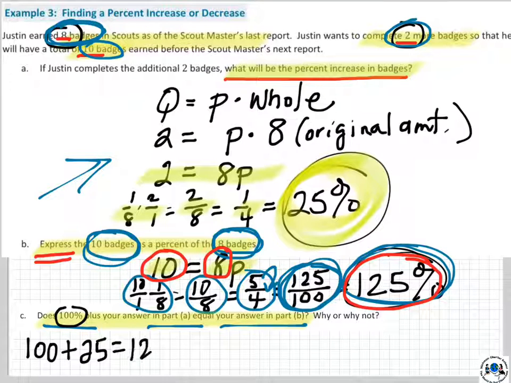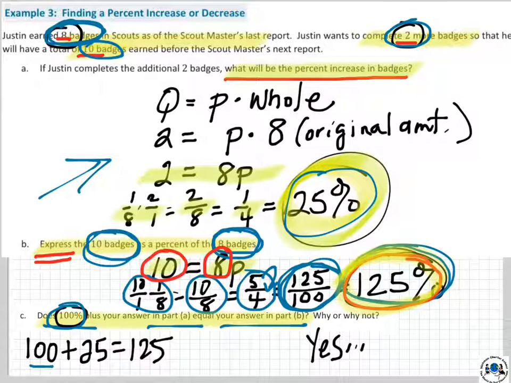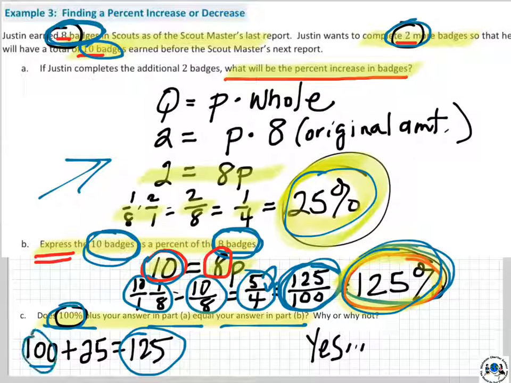The answer is yes, because 100% plus the 25% over here gives us 125%, which is our answer here. When you look at 10, 10 has 8 in it, which is 100% of 8, plus another 2, which is another 25%, which totals 125%.